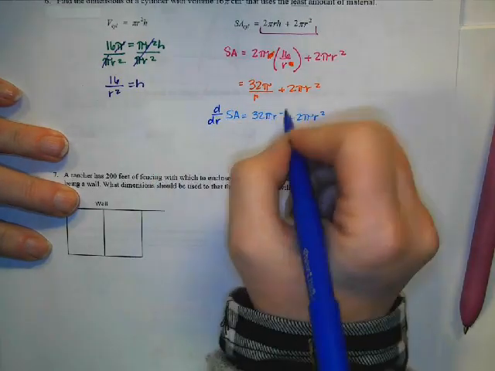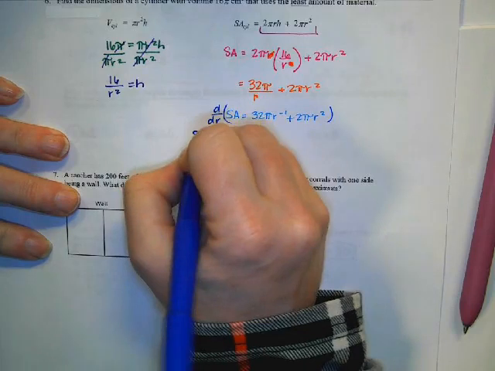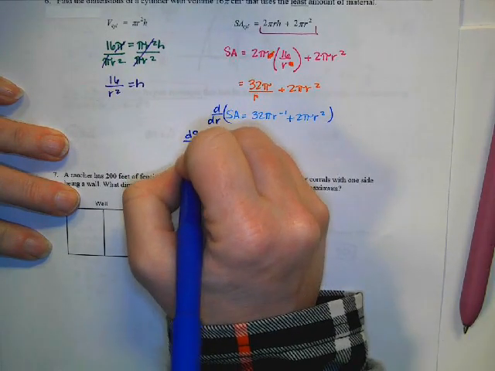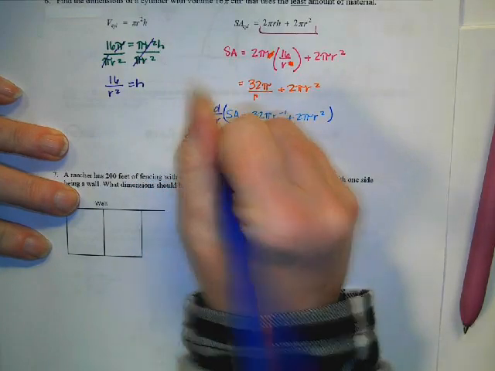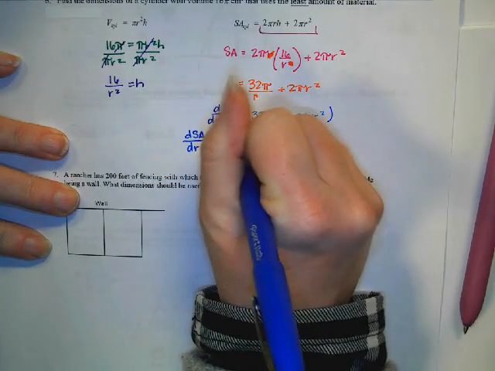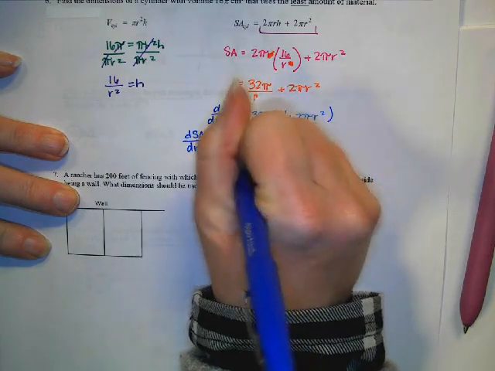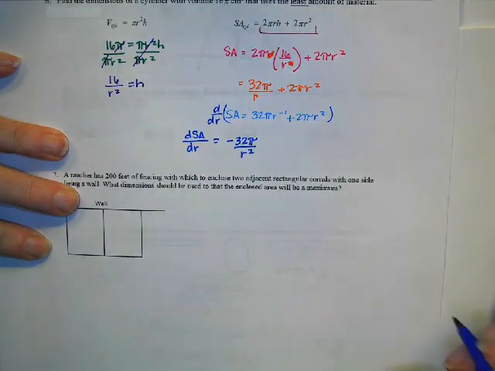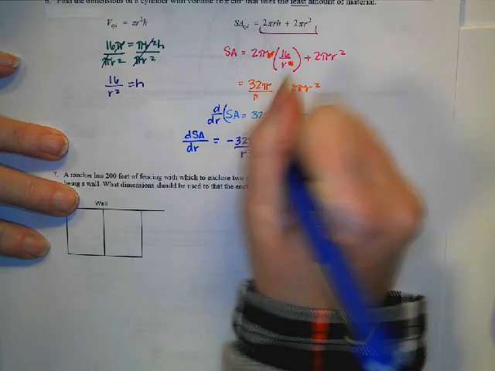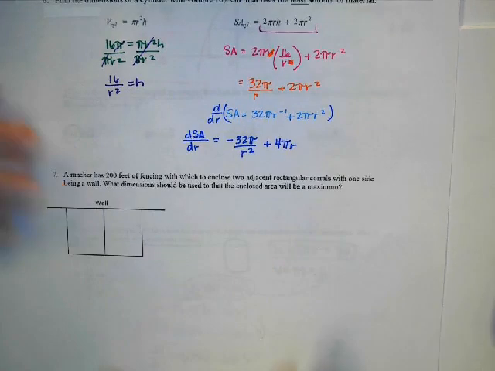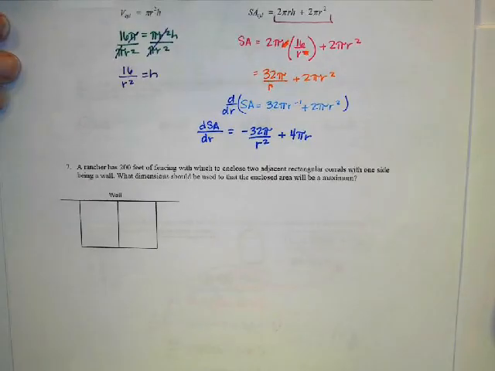So dS/dr, the derivative of the surface area in terms of r, is going to be negative 32 pi r to the negative 2, so I'm going to go ahead and put it underneath, plus 4 pi r.